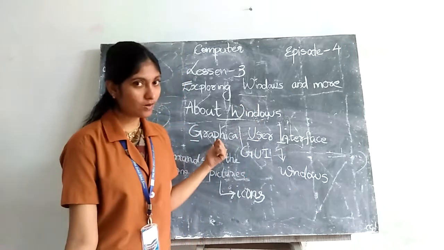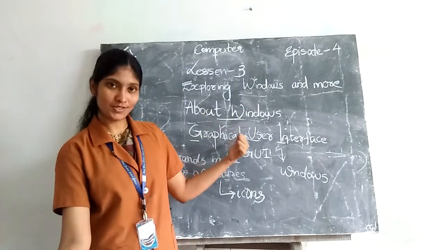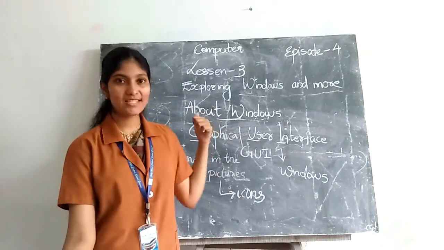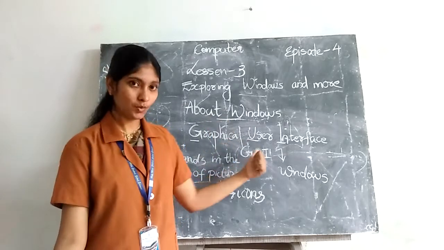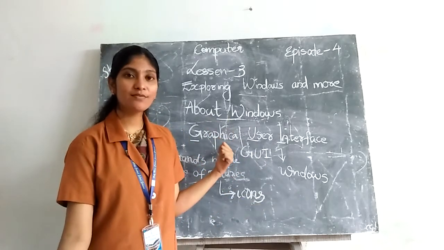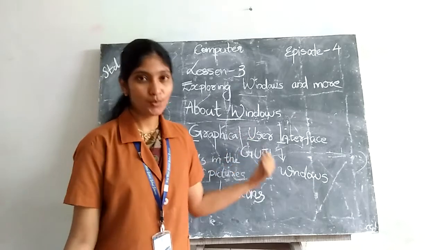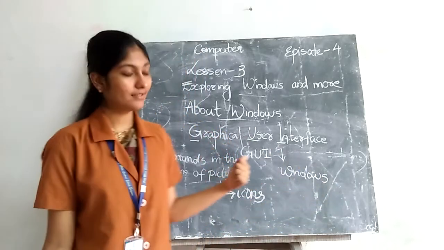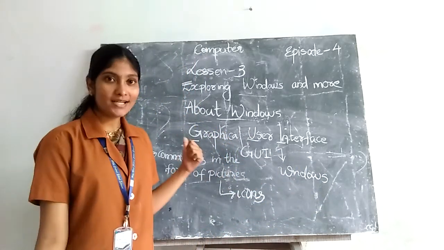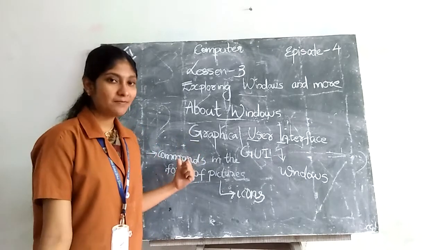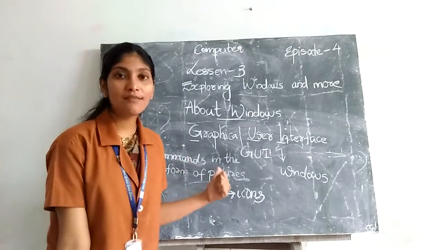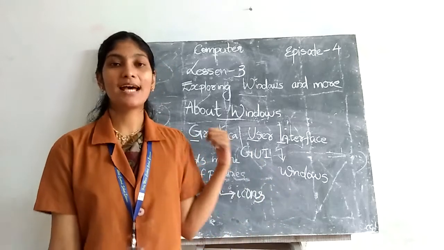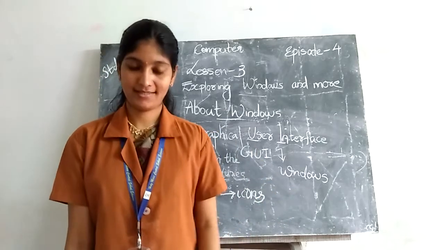So Windows is also known as graphical user interface. Its short name is GUI. GUI stands for graphical user interface. Its specialty is that commands are used in the form of pictures, known as icons.